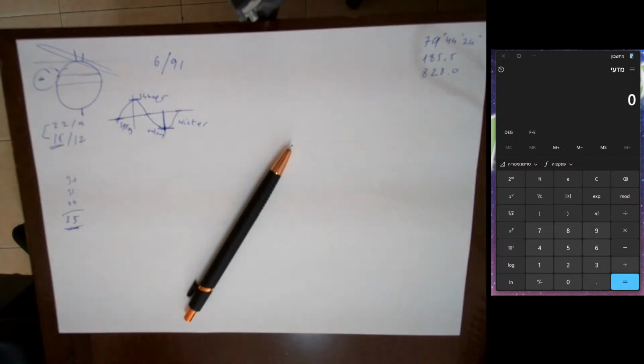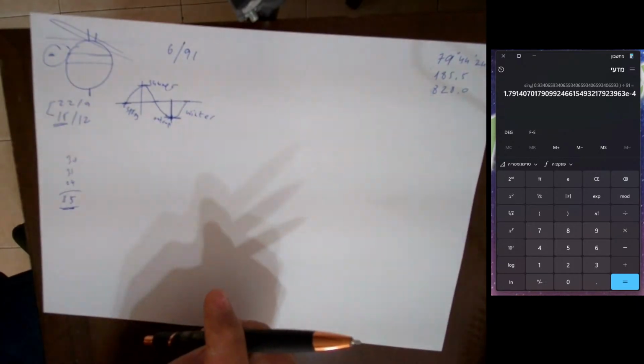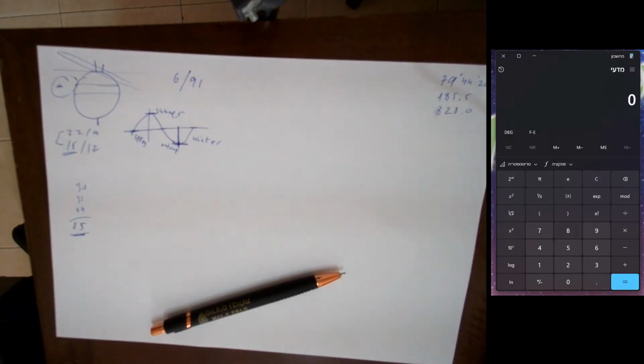You can see it, okay? You can see, okay, we're on degrees. You see 85 divided by 91, and the sine of that. Okay, this is 0.016.